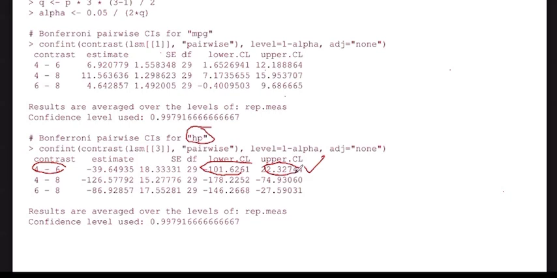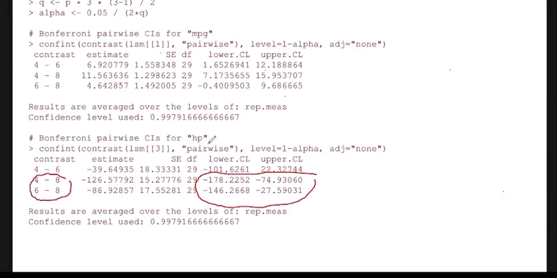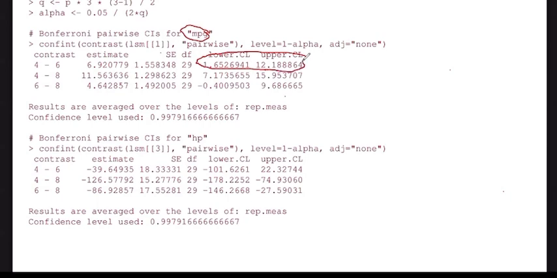Because of that, the difference is not statistically significant. But if you take a look at this, there is a difference between 4 and 8, and 6 and 8, as far as this variable is concerned. If I go back to MPG, here a difference exists, here a difference exists, but here, no difference.